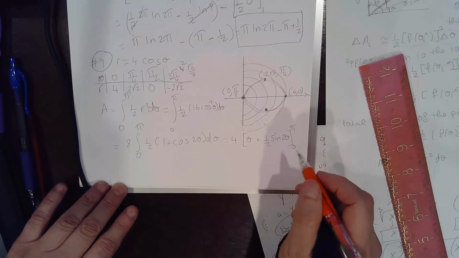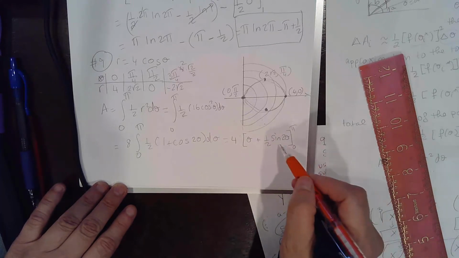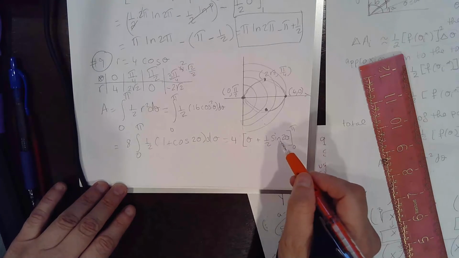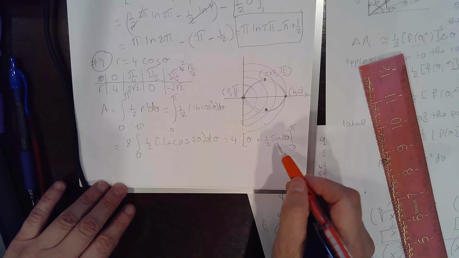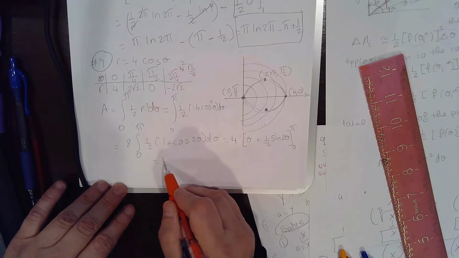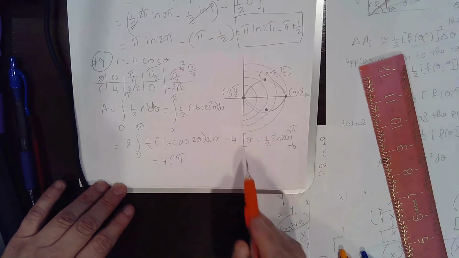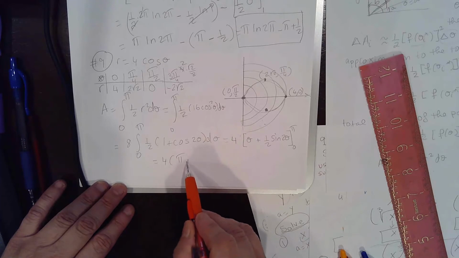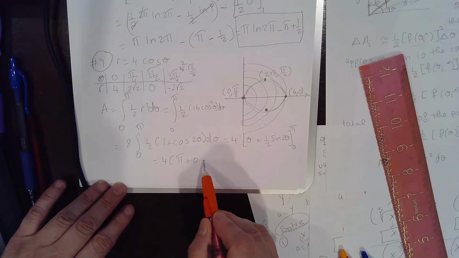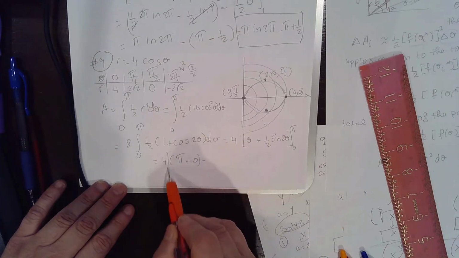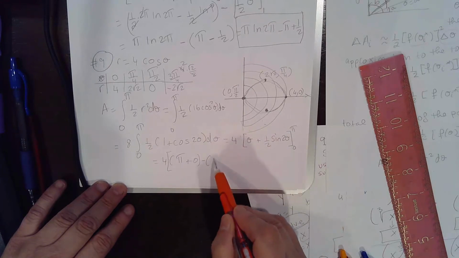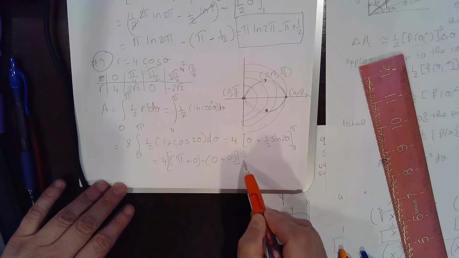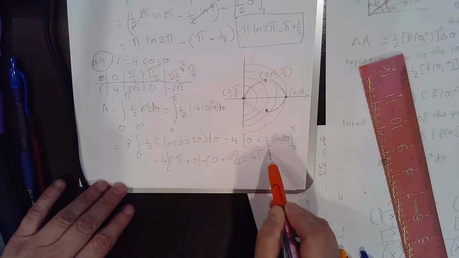Sine 2 pi is going to be 0. This is going to be 0 in both of them. So this is the same as 4 pi plus 0 minus 0 plus 0. So it's going to be just 4 pi.